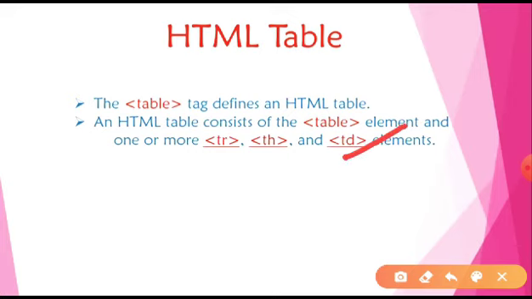Table data cells are formed using the table data element td, as we use in the cell, as in the table td open and td close tag. Then we find the th tag. Th is a table head. A centered heading in a table is made using the table heading.